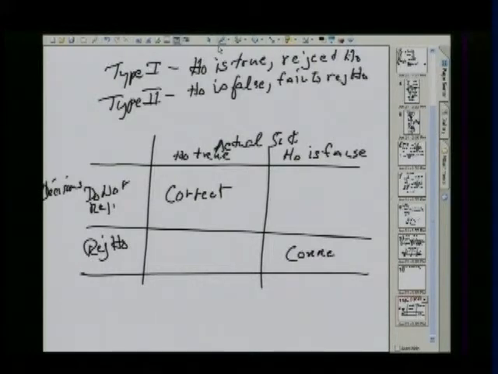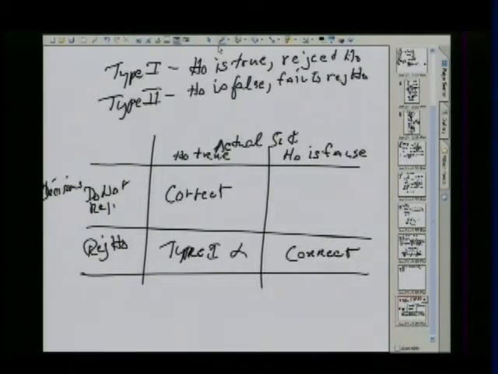That's where we're going to hope to be most of the time. However, we're not always going to be there because we can make type 1 or type 2 errors. If the null is true and we reject it, remember that's called type 1 error. We use the symbol alpha, Greek letter alpha, to refer to our type 1 error.